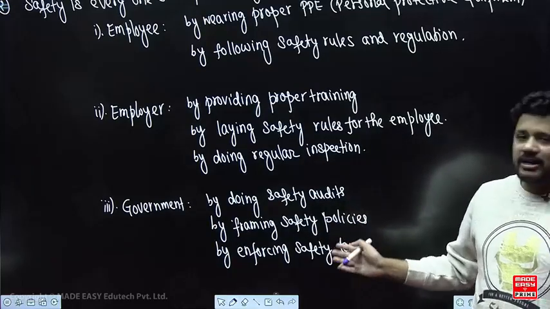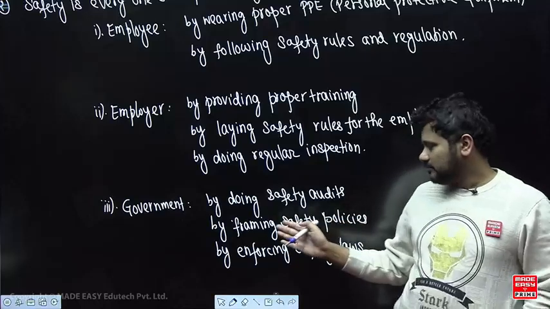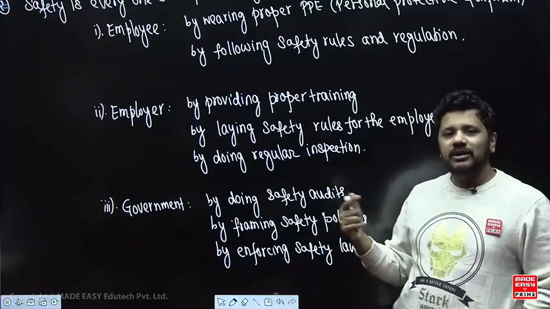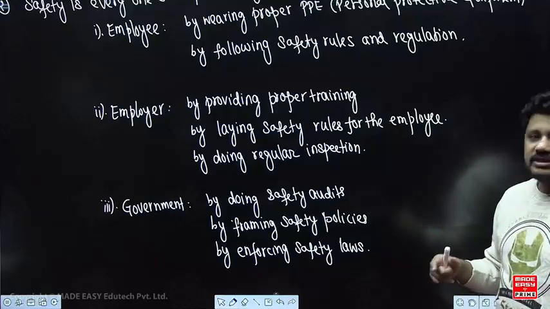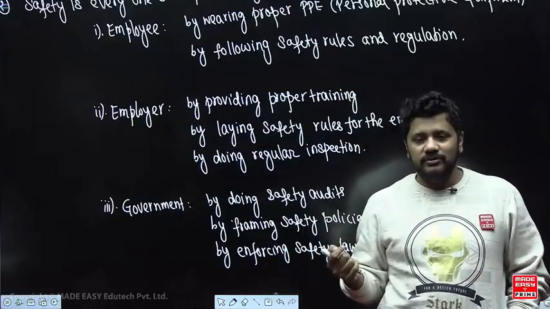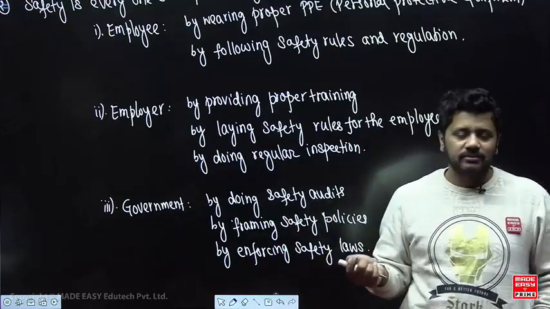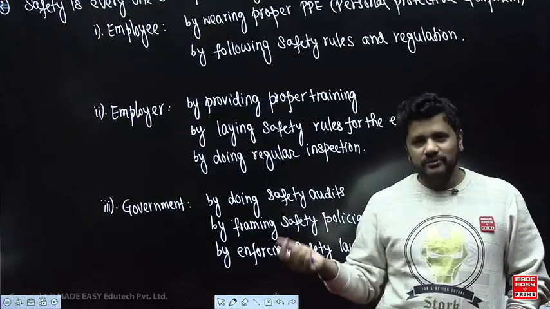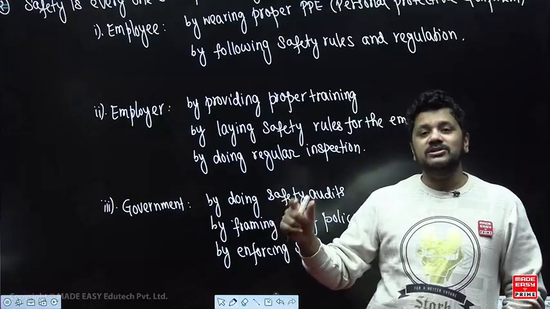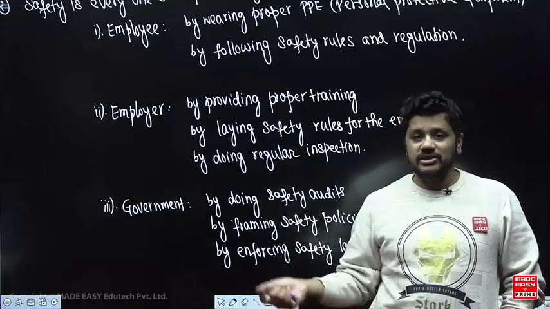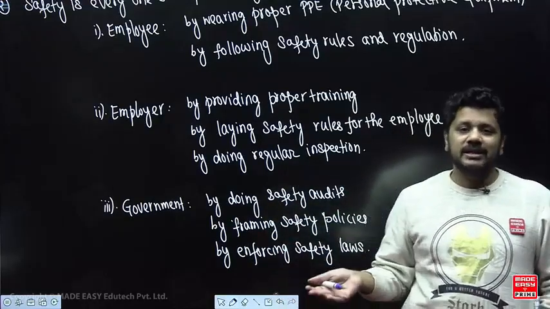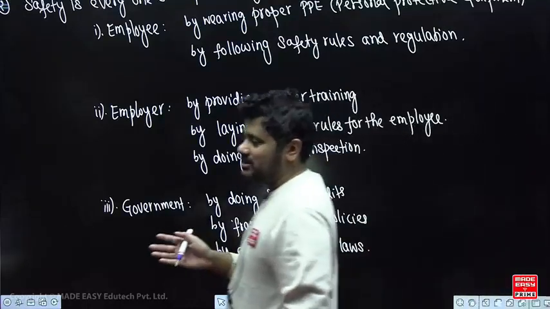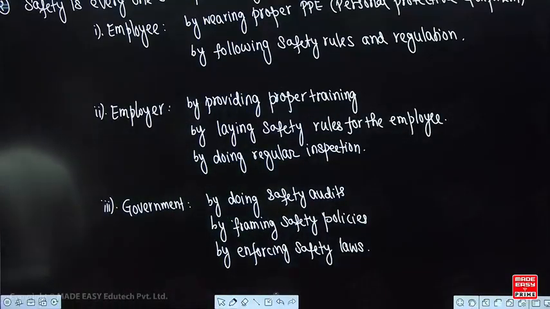That is one kind of enforcing the safety laws and rules, and they regularly check, right. Now it is connected to the government website, so automatically a message will come to your phone that you have to get the pollution check done, or that your vehicle is going to be over-aged, that means it is going to be 10 years, so kindly replace it with a new vehicle. Like this the government works.